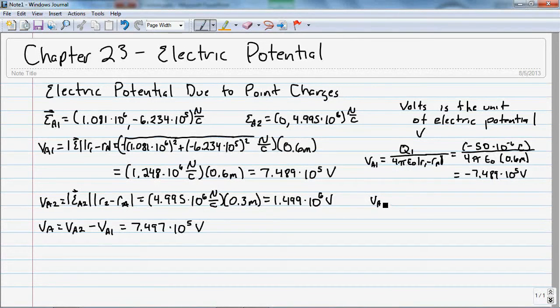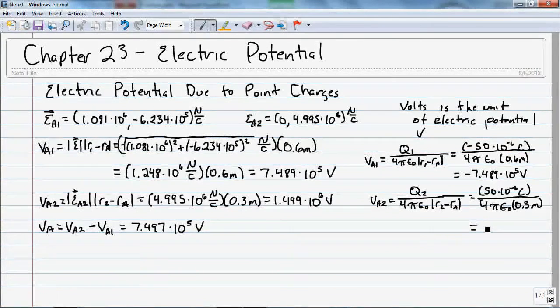And for VA due to charge 2, we use charge 2 divided by 4 pi epsilon naught, the distance from charge 2 to point A, and that's going to be equal to 50 times 10 to the minus 6 coulombs over 4 pi epsilon naught, and here our distance is 0.3 meters, and this equals 1.499 times 10 to the sixth volts.